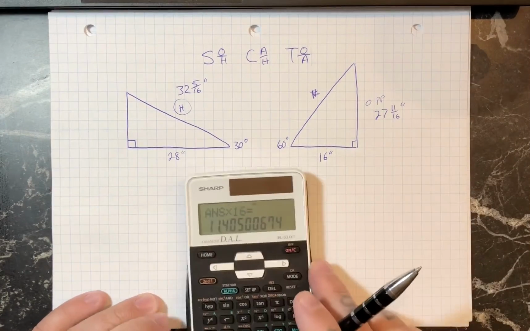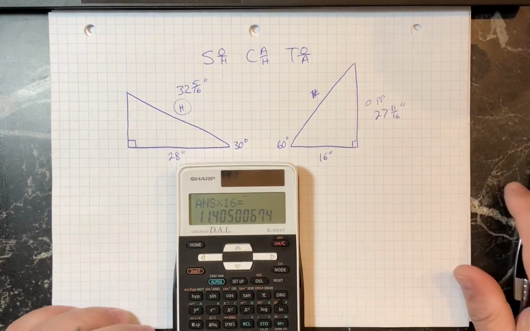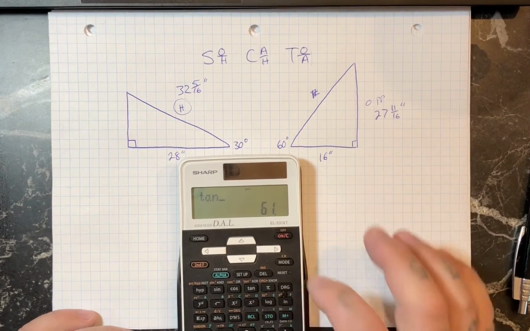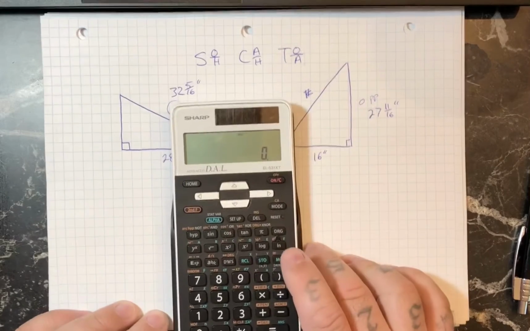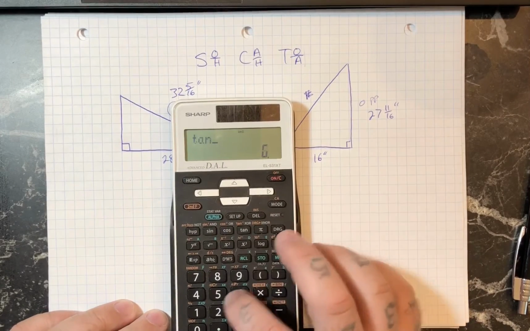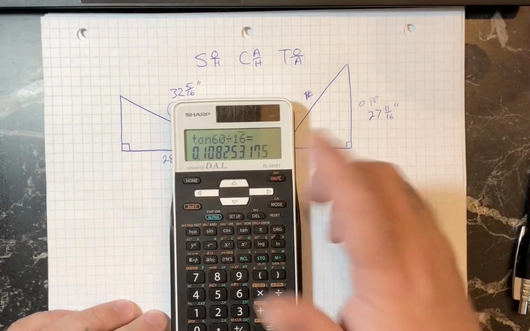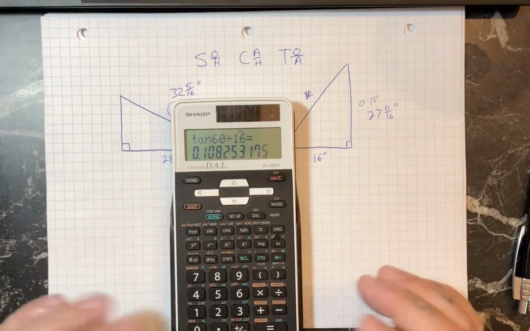I can actually test this out even by doing the equation wrong. So if I did tan 60, oops, do that again, tan 60 divided by 16, it gives me like a decimal number, so that's definitely the wrong way to do it.